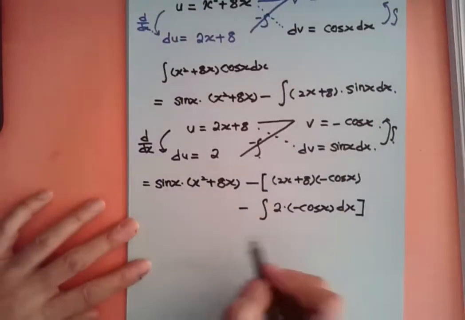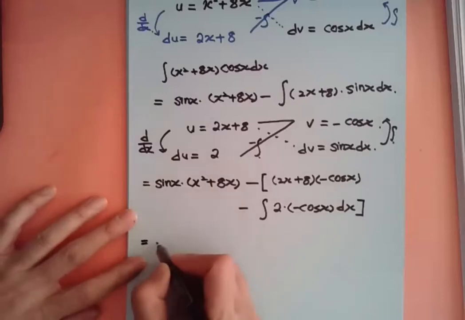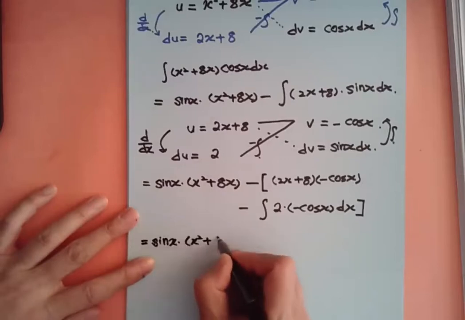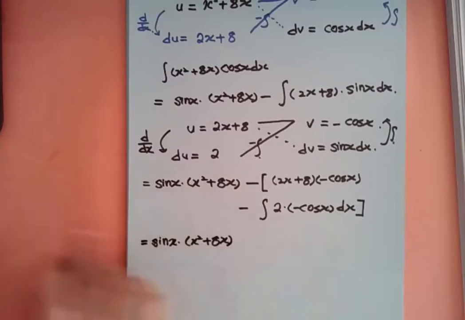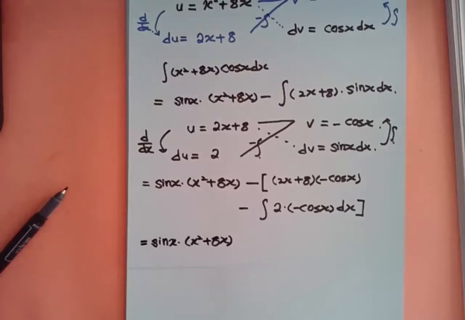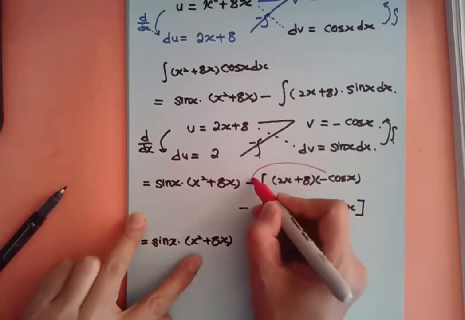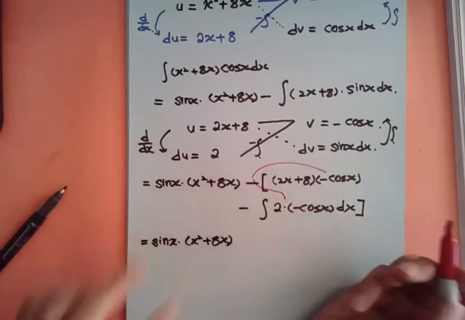So let's do distribution. The first term, I copy the first term, sine x times x squared plus 8x. And then we multiply -1 to the first one and the second one, right?